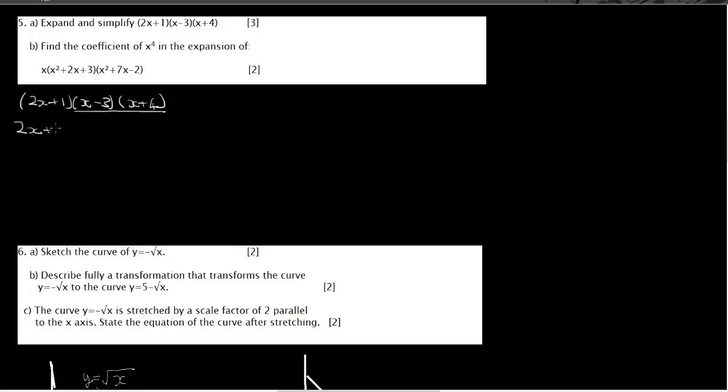We'll multiply the x minus 3 times x plus 4. So we've got 2x plus 1 multiplied by x squared plus 4x. I'll do that by that, and that is minus 3x times that, which is minus 12.